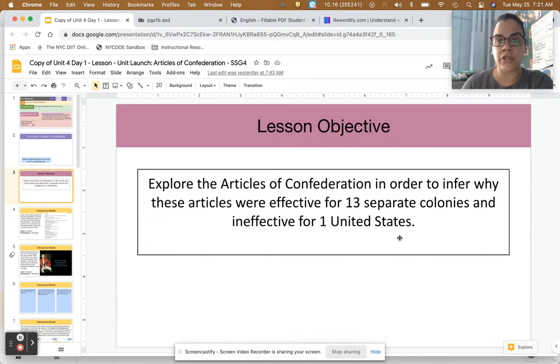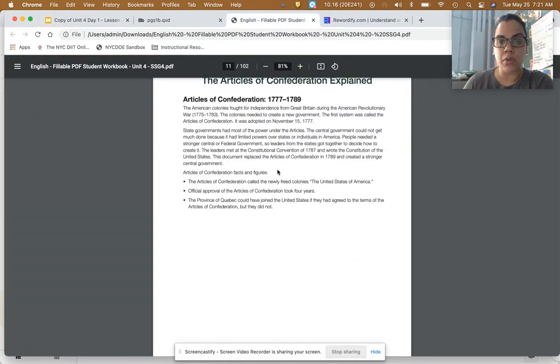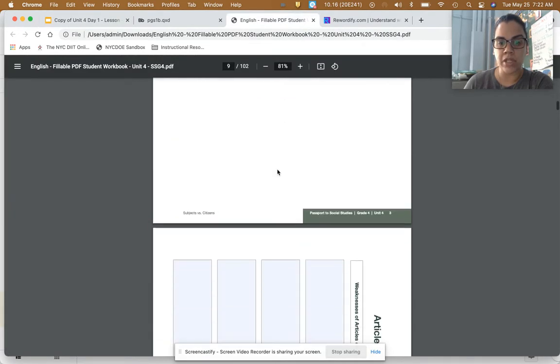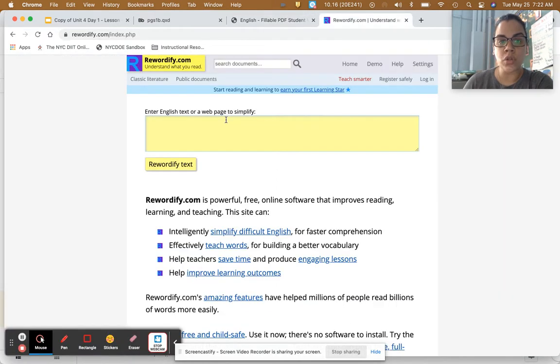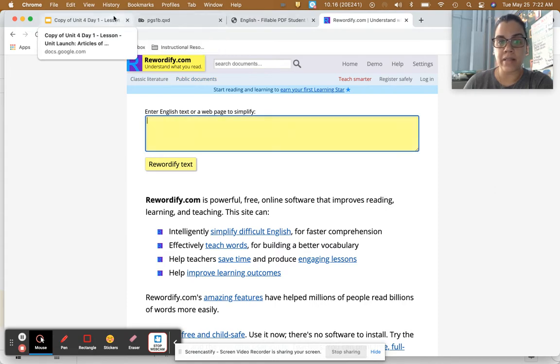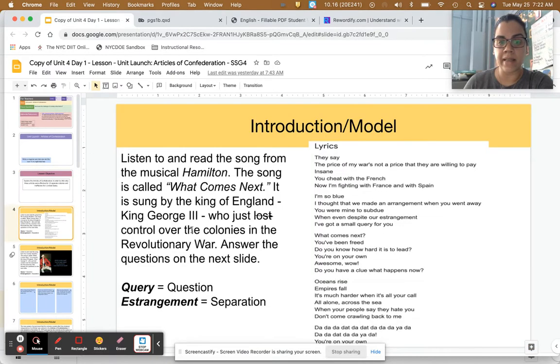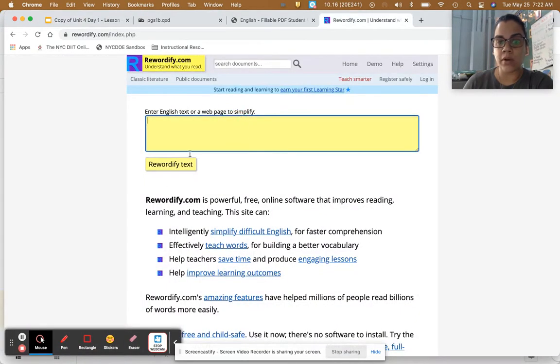Now, as a reminder, you can refer to your Passport to Social Studies workbook pages 3 through 5. You have the tool rewordify.com where you can copy and paste information from the slides and rewordify the text so that you can get an understanding of the information on the slide.